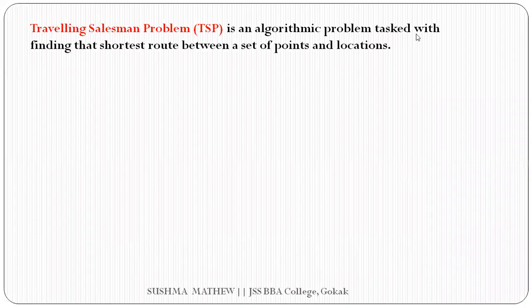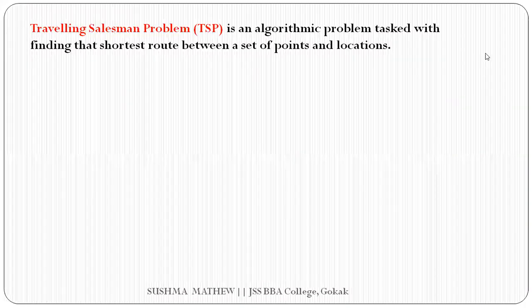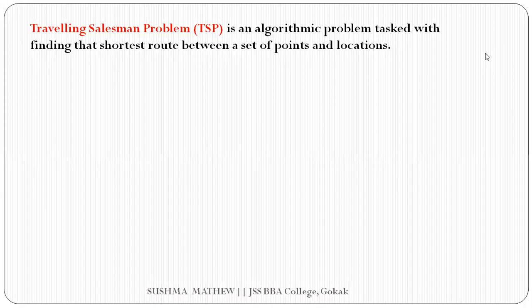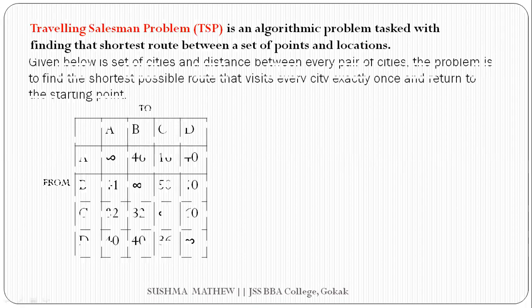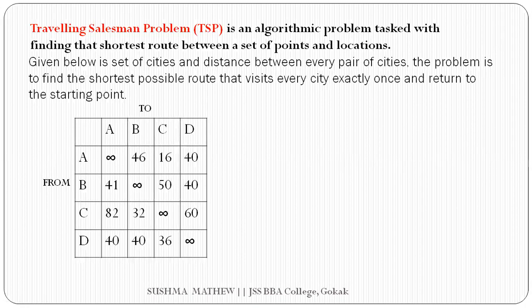So now I have to start off with what a traveling salesman problem is. It is an algorithmic problem tasked with finding the shortest route between a set of points and locations. In the previous problems we were given jobs and machines.